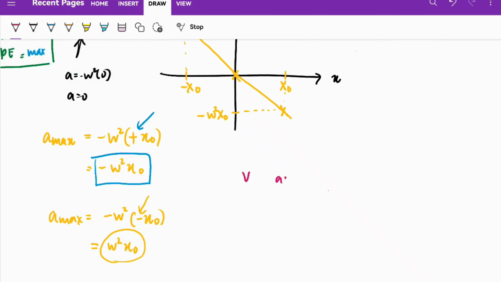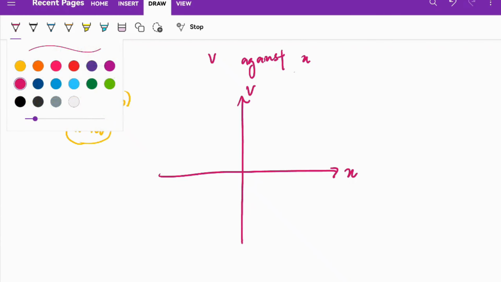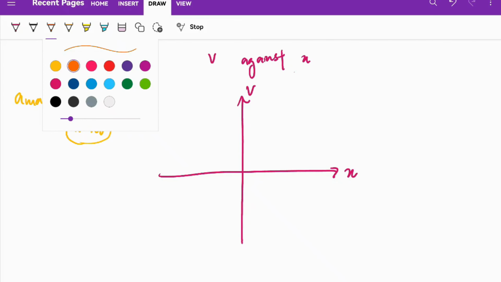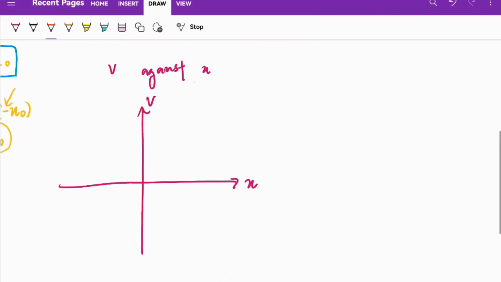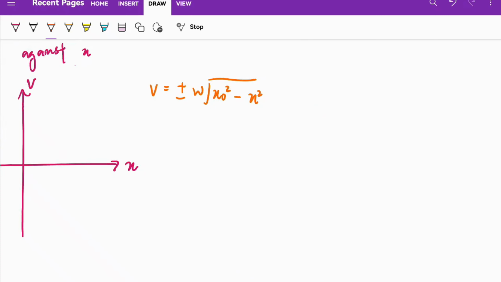V against X. There's actually a formula, and the formula is V equals positive negative omega square root of X naught square minus X square, and X is basically any displacement point of X, any point.